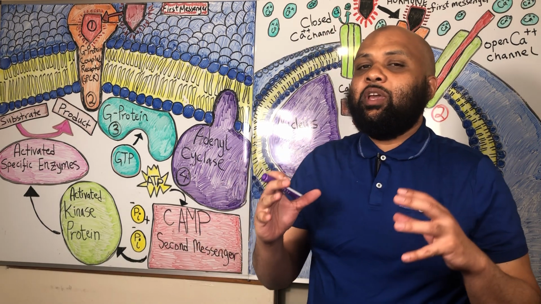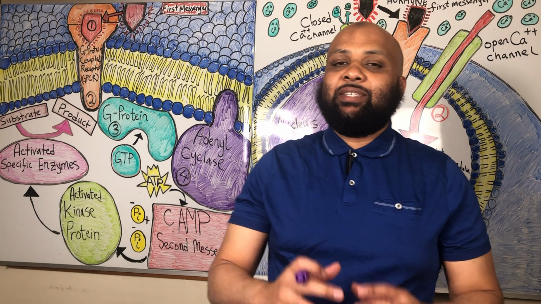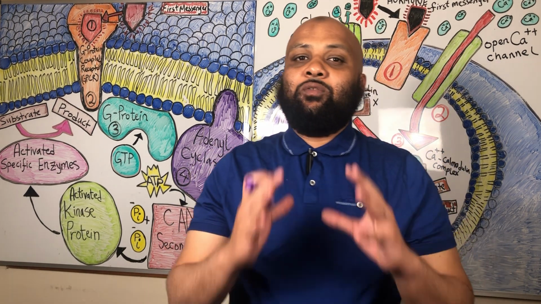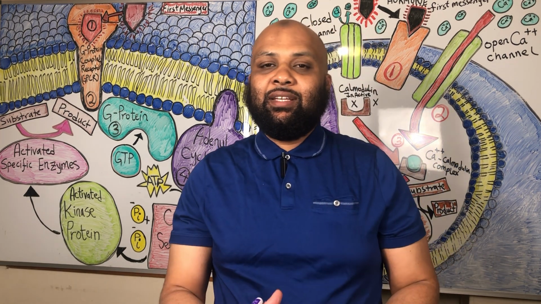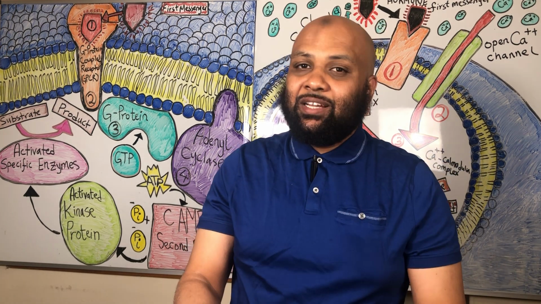So before we begin, we must define really well what a target cell is. The target cell is the destination of the hormone. The hormone is trying to go and elicit a target response in the target cell.